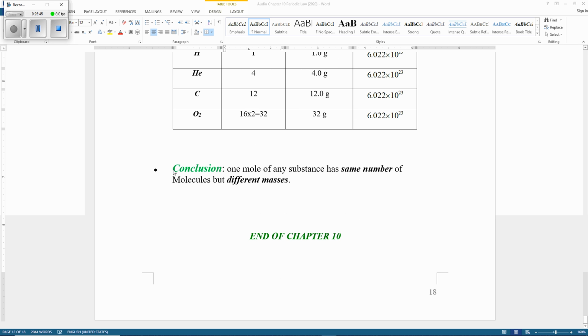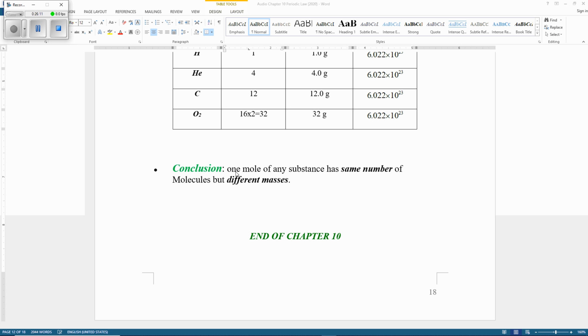That's how scientists count molecules. They cannot count one by one. They count using the mole: 1 mole, 2 moles, or 0.1 mole, 0.01 mole. Because you know 1 mole of anything is the same number, 6.02 times 10 to the power 23.